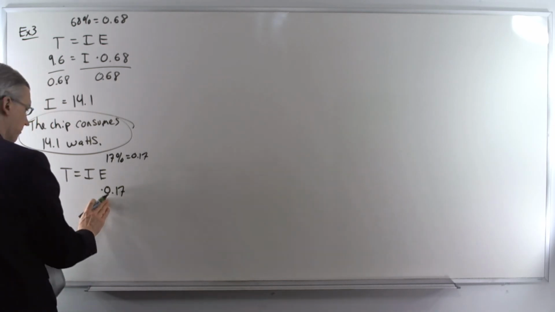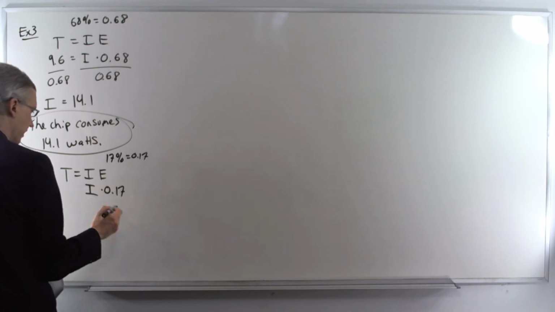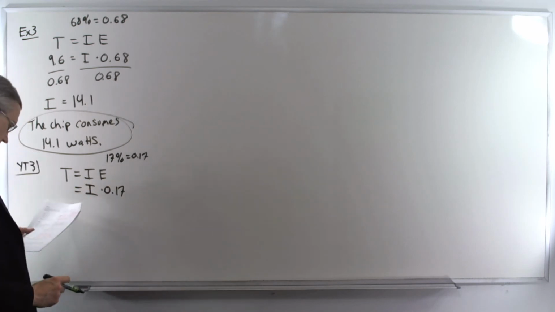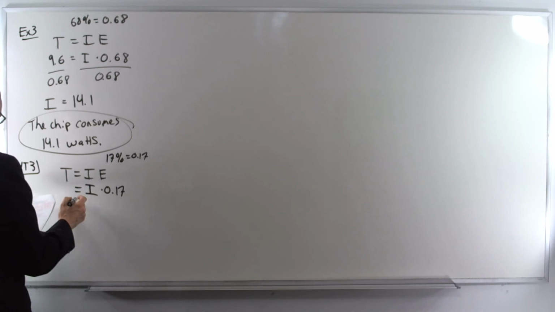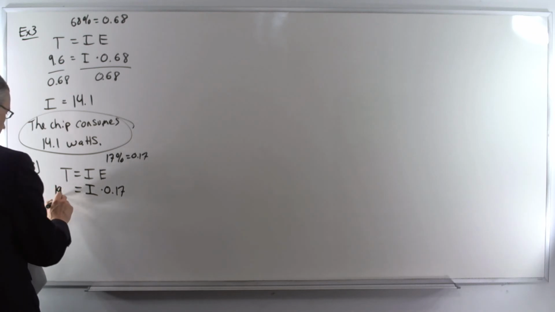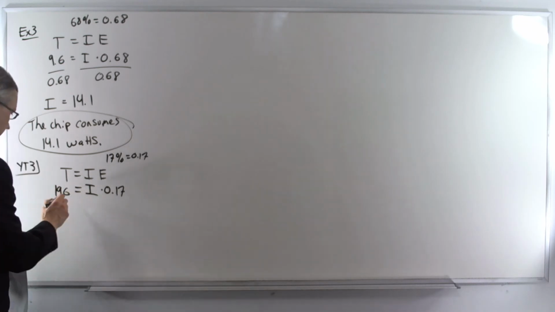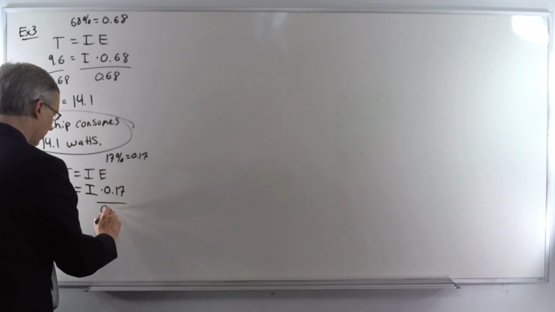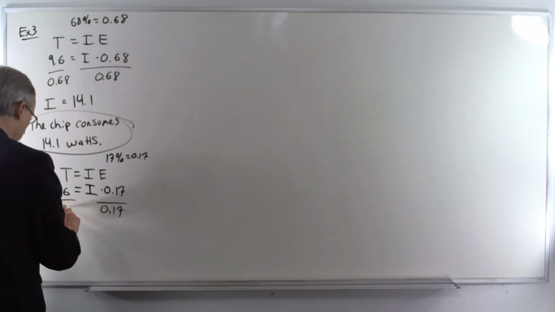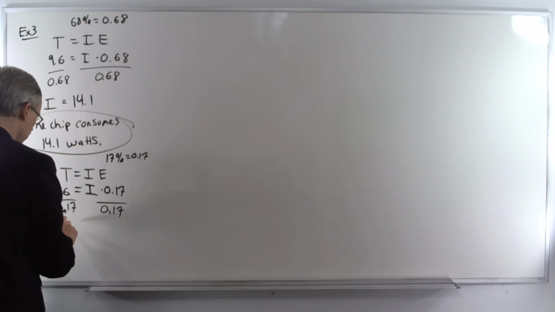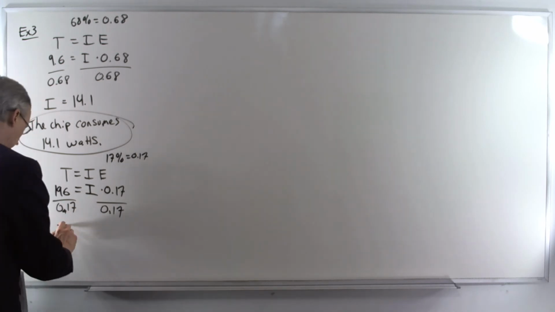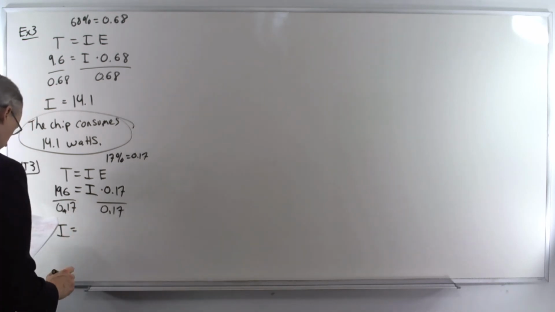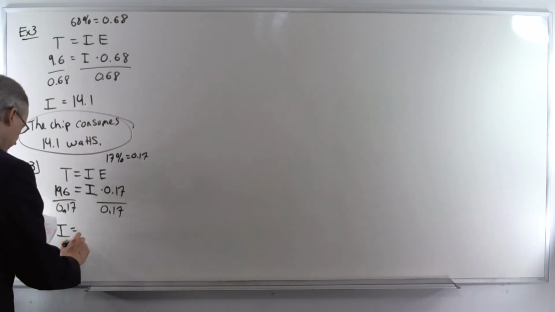We don't know the input power, what's coming in sunlight, so that's going to stay I. And the output is 196 joules. So 196 for T. Divide by 0.17 on both sides, and we get I is 1152.9.